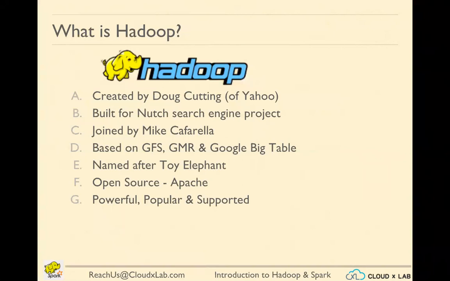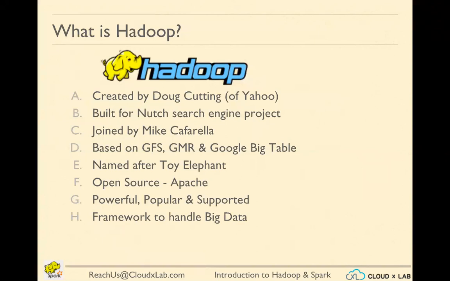There is no licensing required in order to use Hadoop in your organization. Hortonworks or Cloudera or Qubole are just providing the support around Hadoop, and they are also putting bells and whistles around the open source Hadoop. Hadoop is powerful, popular, and well supported. It's a framework to handle big data.